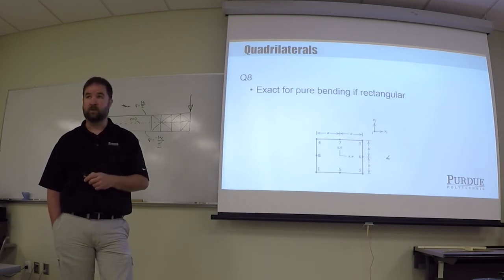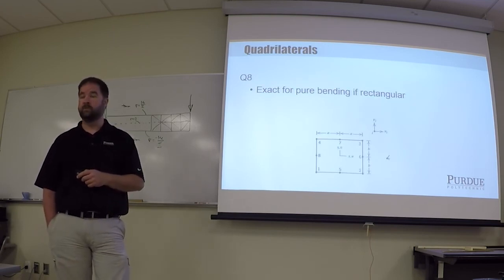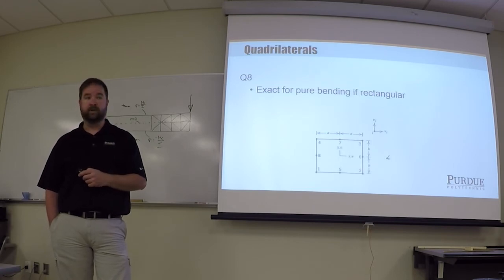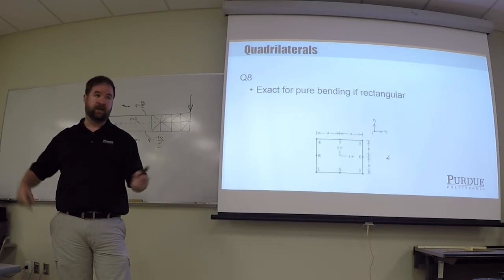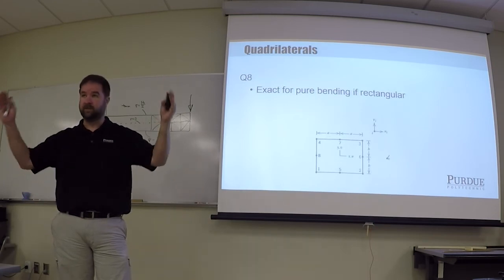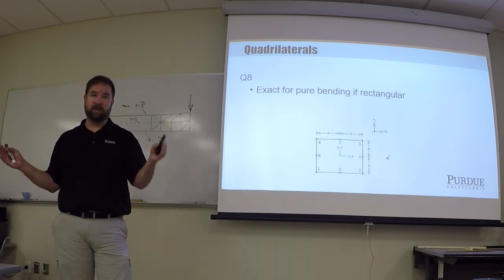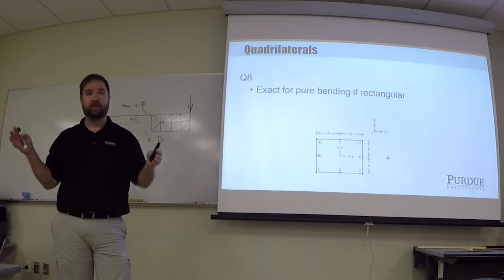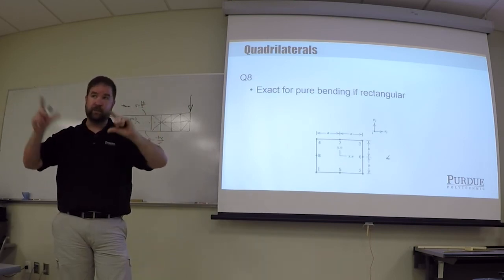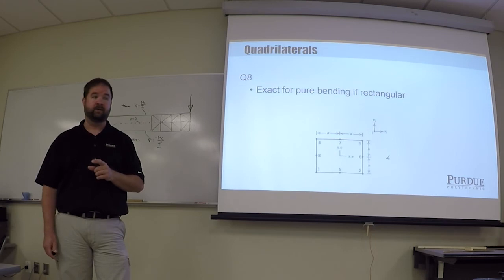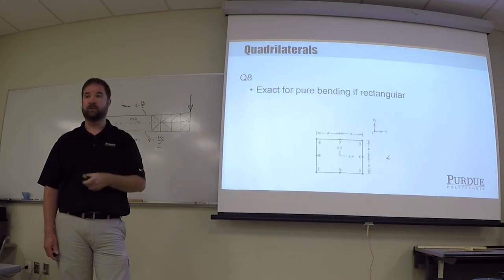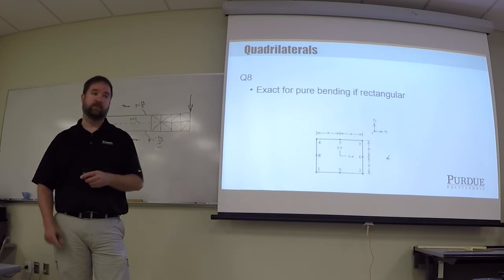The problem is quadrilateral elements are harder to make when you have arbitrarily shaped objects. Obviously, if you have a big rectangle, it's really easy to divide that up into lots of little rectangles. But think about if you have a curved shape, it's hard to divide that up into little quadrilaterals without also having some triangles in there. It's very easy to take pretty much any shape and divide it up into triangles.